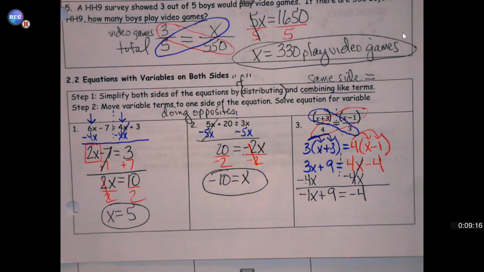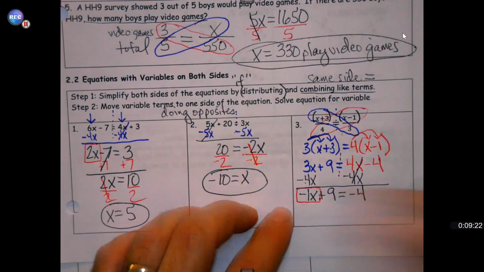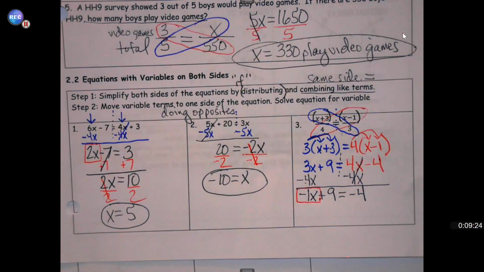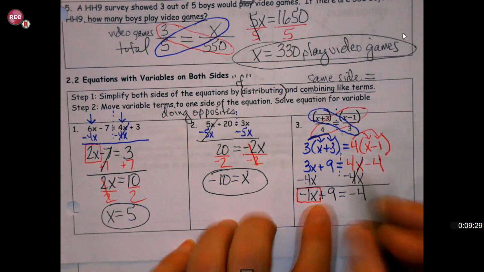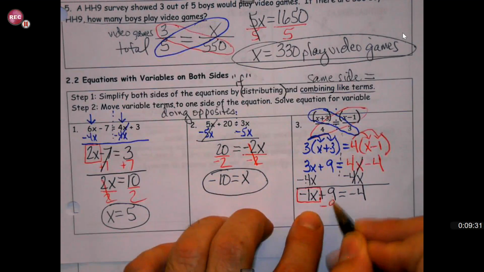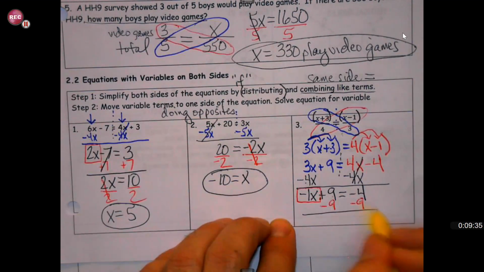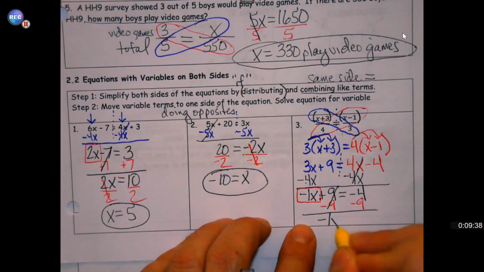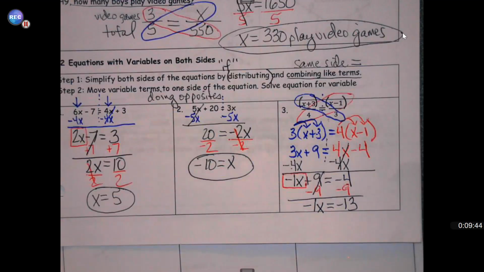Because once I've got all my x's to the same side, now we just start doing the opposites. The opposite of plus 9 is to minus. And again, here, this isn't x minus 1.